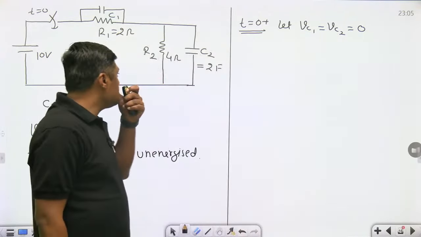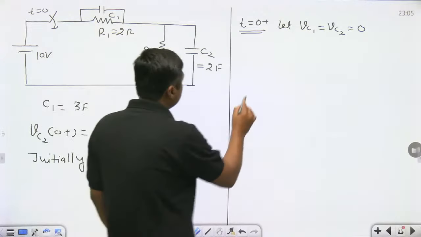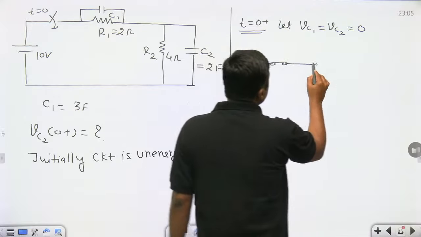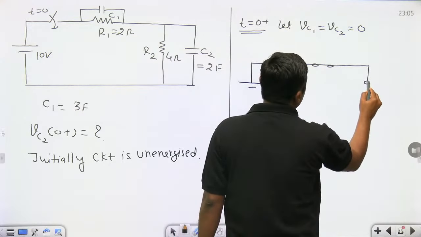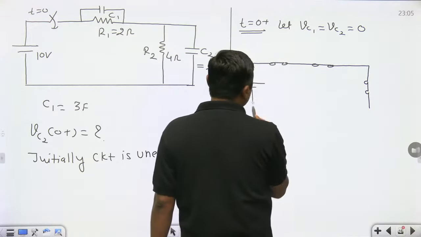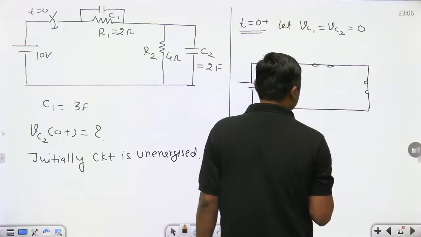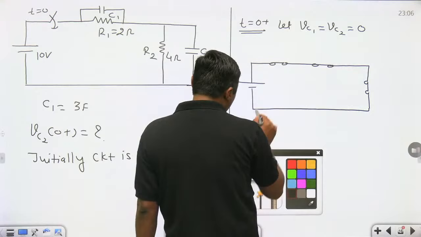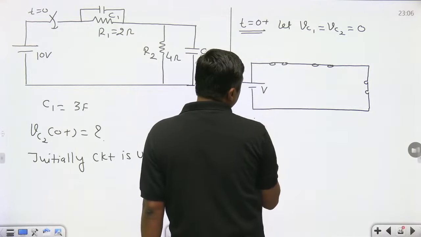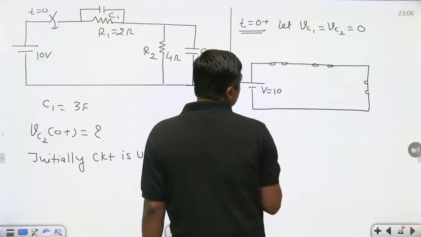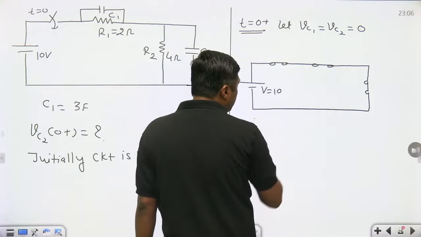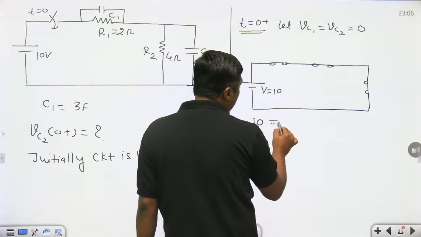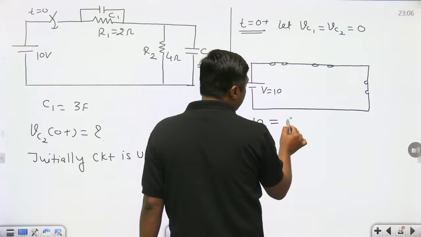If the voltage across VC1 and VC2 is 0, then both capacitors will act as short circuit. And if both capacitors act as short circuit, then when we apply KVL, Kirchhoff's voltage law, this 10 volt is equal to, because there is no drop, 0.